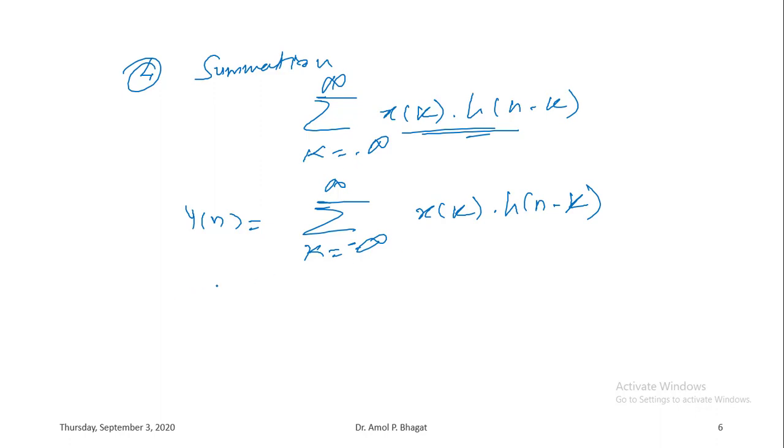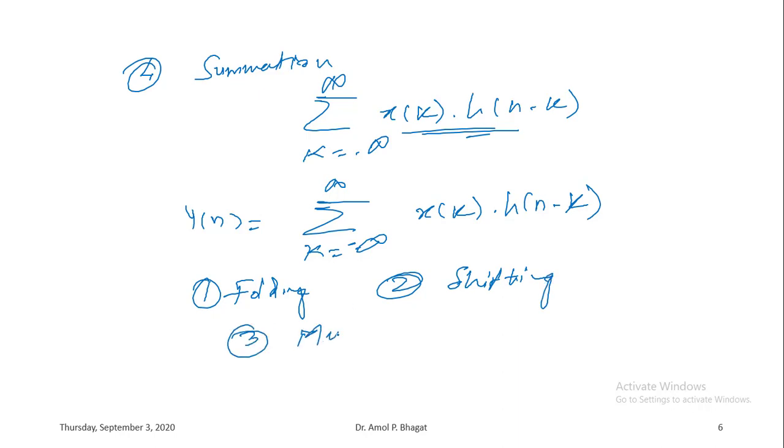It involves four operations: the first one is folding, the second one is shifting, the third one is multiplication, and the fourth one is summation. So this is how the convolution summation can be used to identify the response y of n of the given discrete time linear time invariant system.